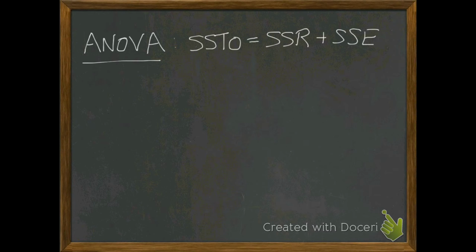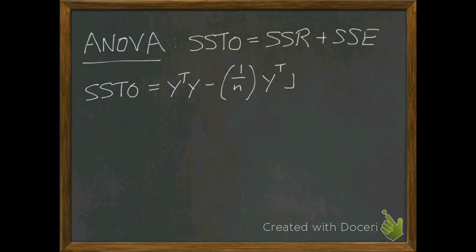And obviously, if we can find two of them, we can find the other one by simple subtraction. So, guys, the sum of squares for the total can be found by taking y transpose y, an easy matrix to find, minus 1 over n, y transpose J y. And remember, your J matrix is just an n by n matrix with all ones.